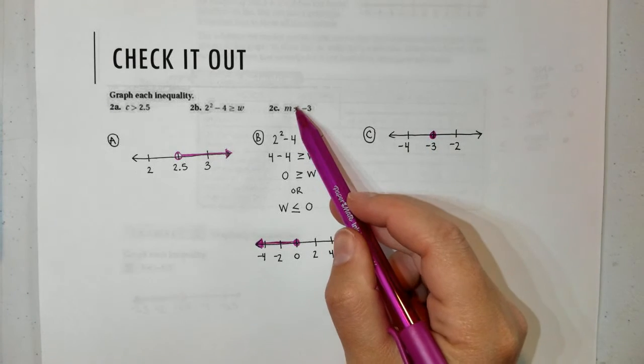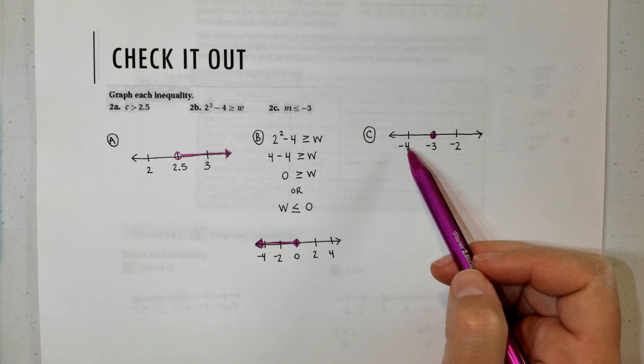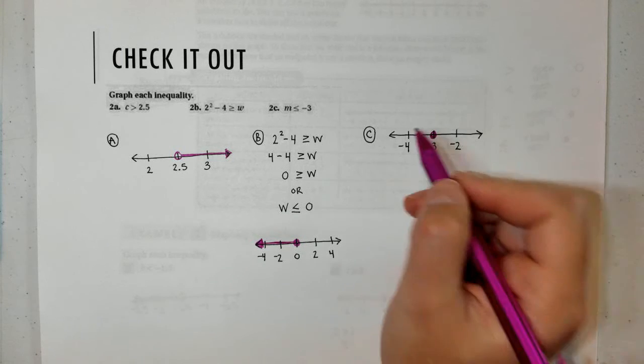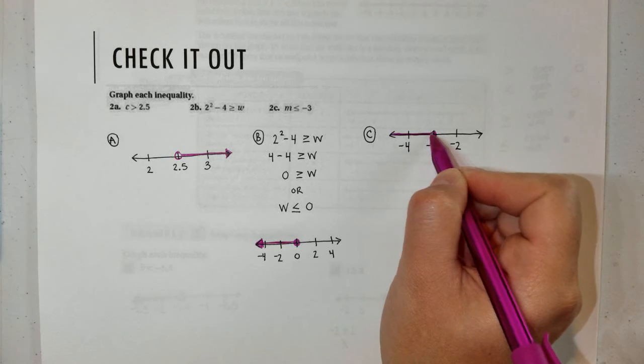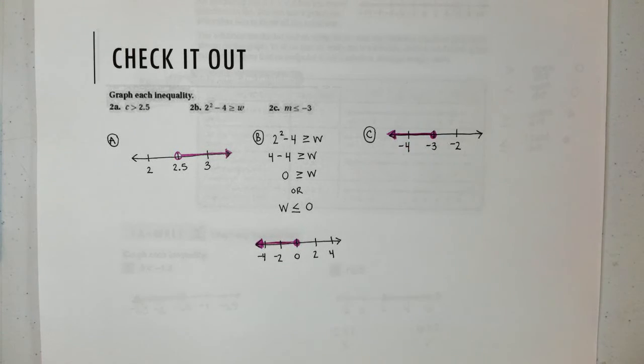And then M is less than or equal to -3. Okay. Is -4 less than or equal to -3? Yes. Is -2? No. So I'm shading to the left here. And then I'm drawing my arrow. So those are the answers for those 3 problems.